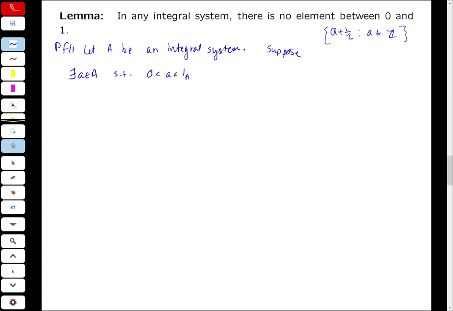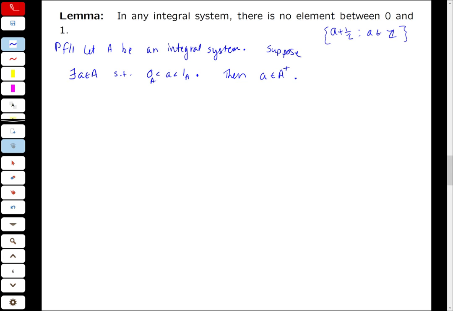Now, these are the additive and multiplicative identities of A. So 0, the additive identity, is going to be less than our A, which is less than our multiplicative identity. What does that tell us? If A is bigger than 0, then A is in the positive set of elements for our integral system A, right?